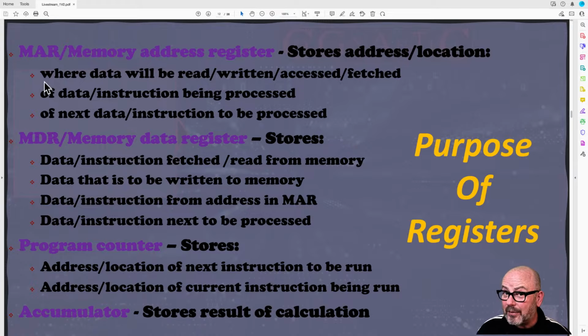And don't forget that horrible trick OCR do: they will talk about one register, the PC, and then say, discuss 2, and it'll be in bold, and then it'll say additional or other registers, and if you mention the one that's in the question, you'll get no marks for it, okay? So this is what you need to know.